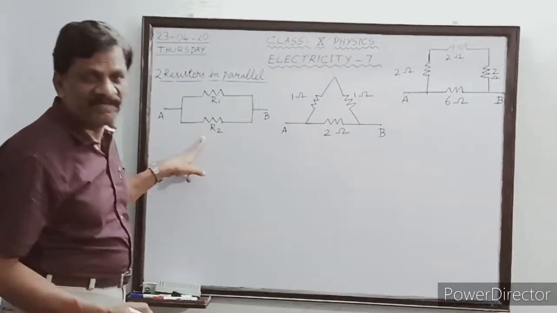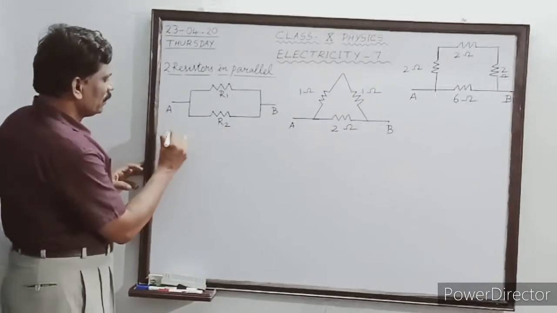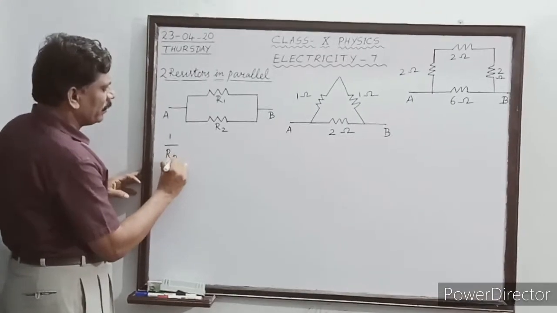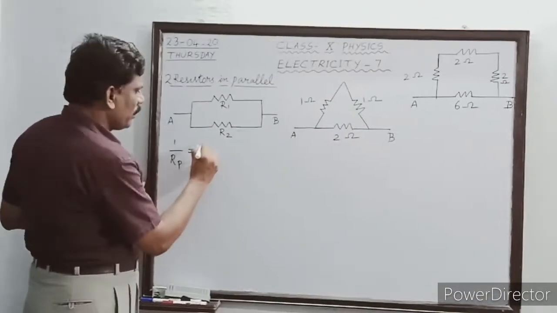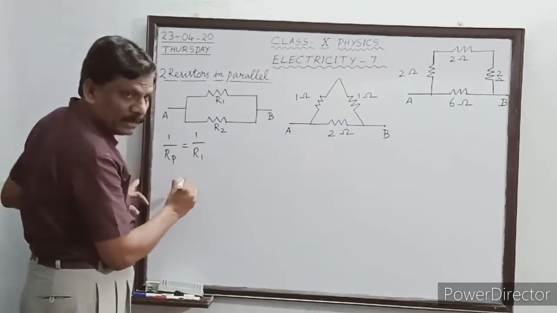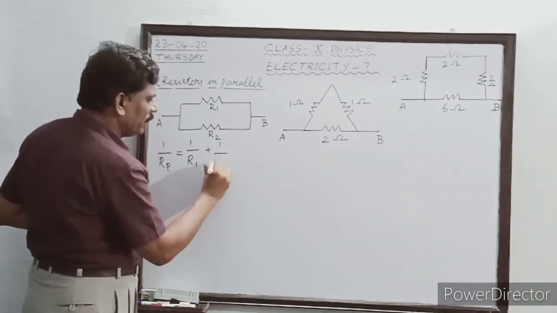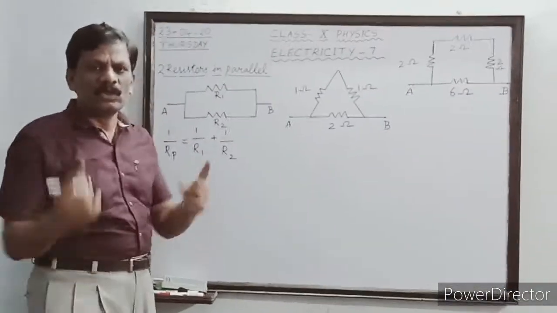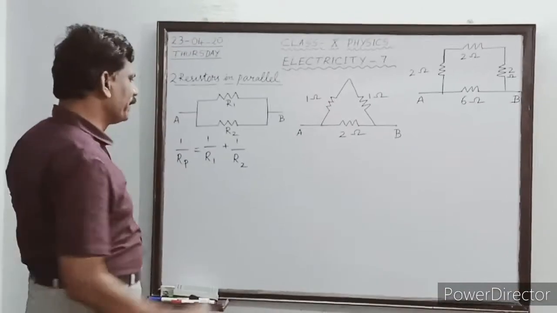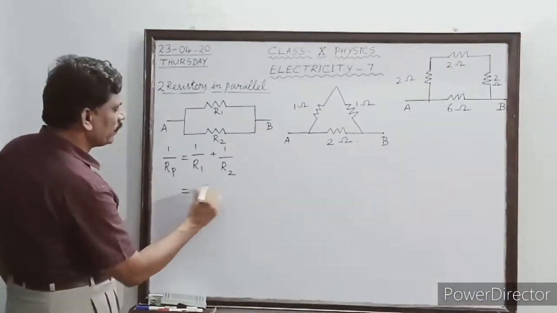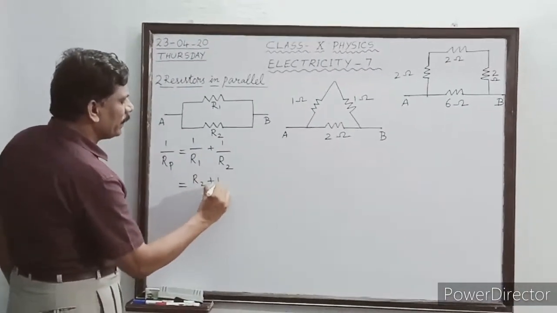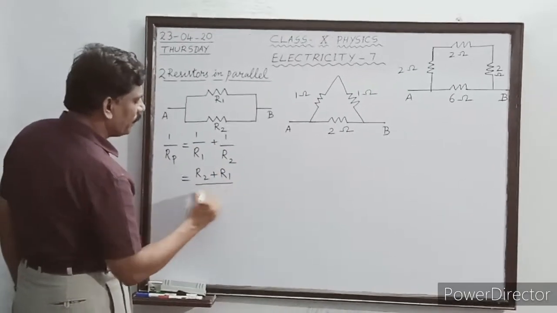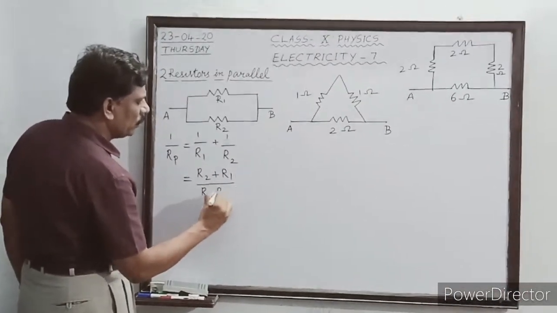By formula, how to find the effective resistance in parallel? 1 by Rp is equal to what? 1 by R1 plus 1 by R2. You take the LCM by cross multiplying. So this is equal to R2 plus R1 divided by R1 into R2.